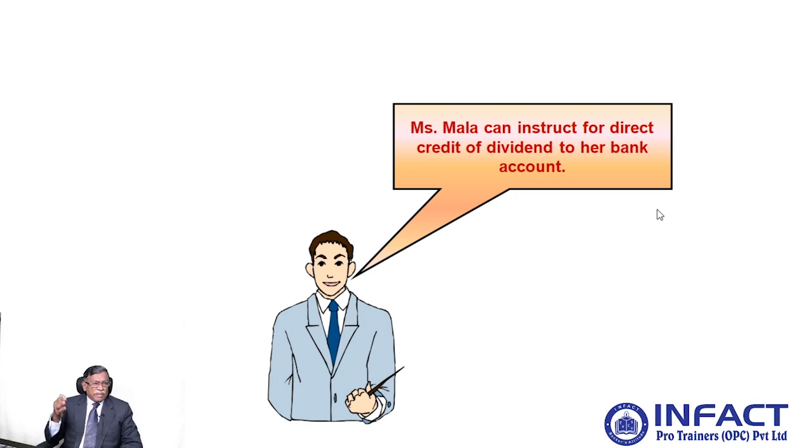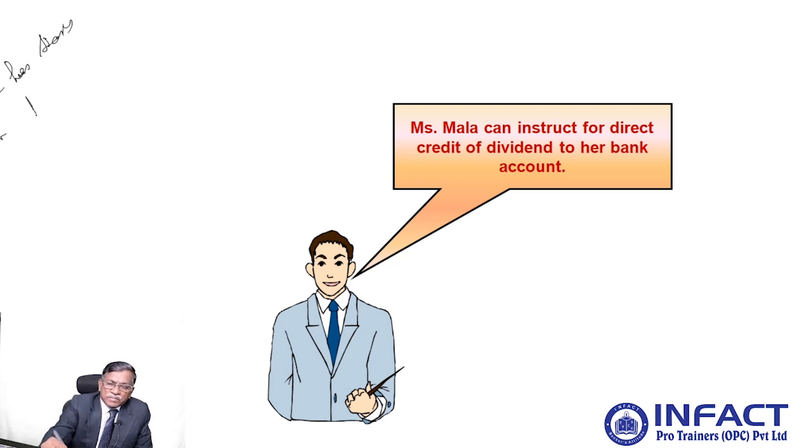That is, the money moves from the joint stock company's current account with some X or Y bank to Mala's account with A bank, right? I can just repeat with an example. Let us think it over. Mala has shares with Ashok Leyland.